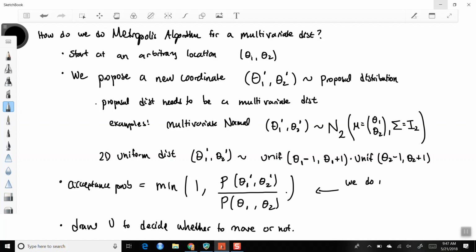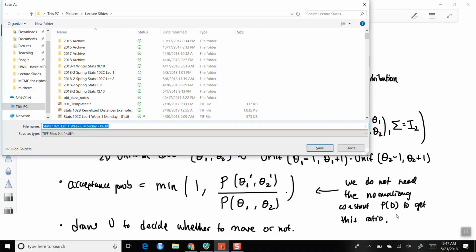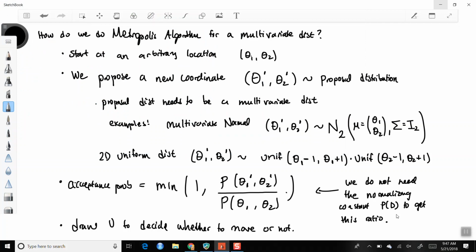We do not need the normalizing constant, the probability of the data, to get this ratio. So if you figure out the numerator, which is the product of the likelihood and the prior, you don't have to worry about figuring out that denominator, which is a huge help.